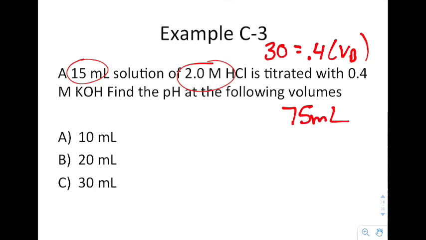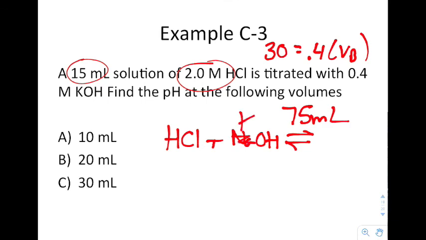Because of that, we're only going to do one of these as an example, and you can do the rest after that as practice. So you see HCl plus KOH goes to KCl plus H2O. Those are my reactants.